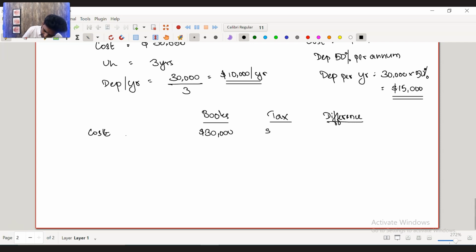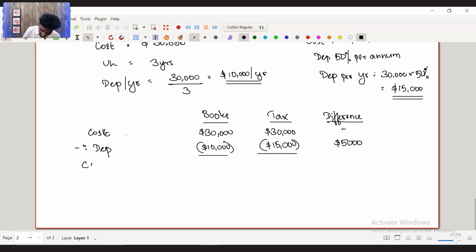As per tax, cost is the same. There is no difference, 0. Minus depreciation, here it will be 10,000, but here this will be 15,000. So there is a difference of $5,000.